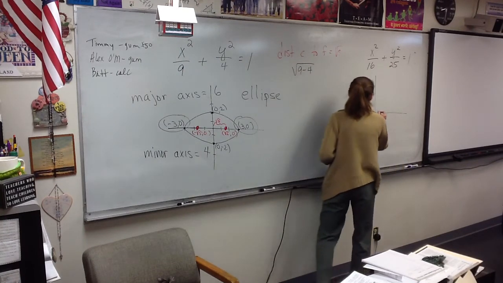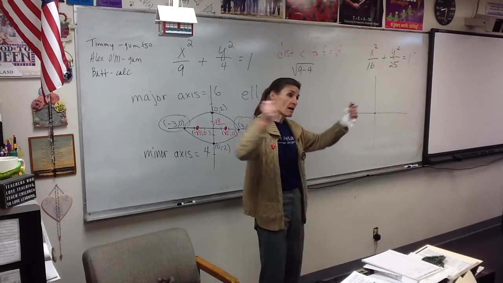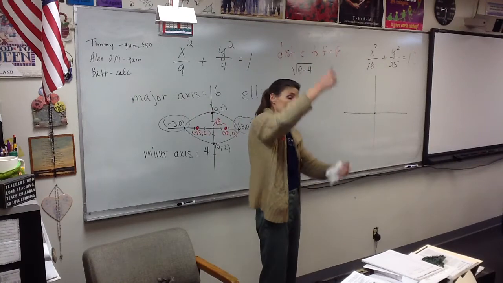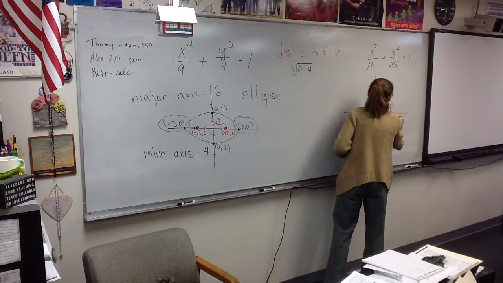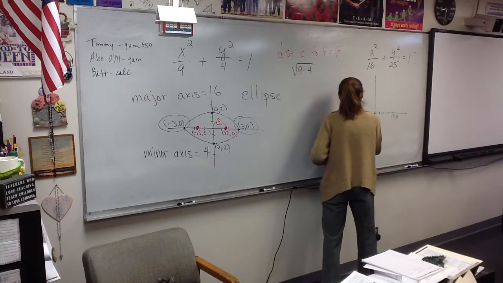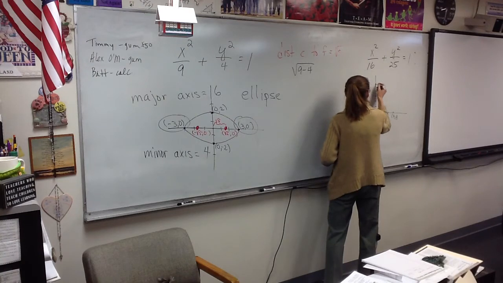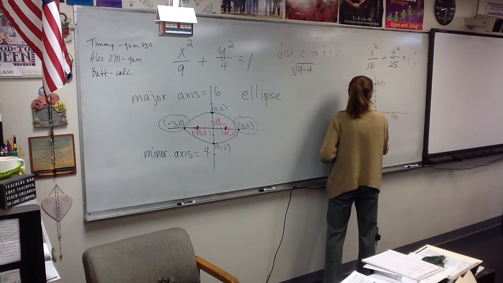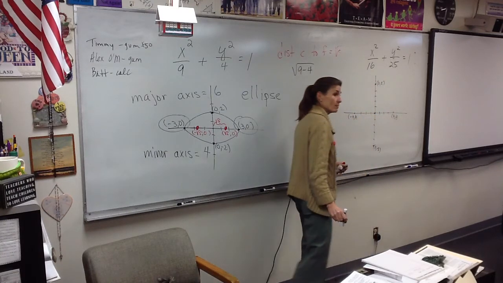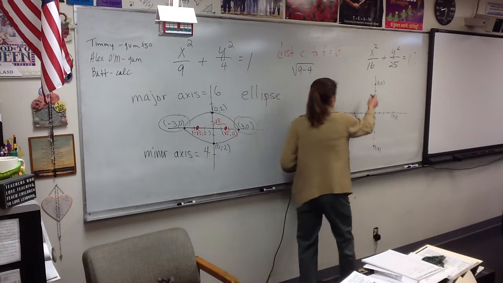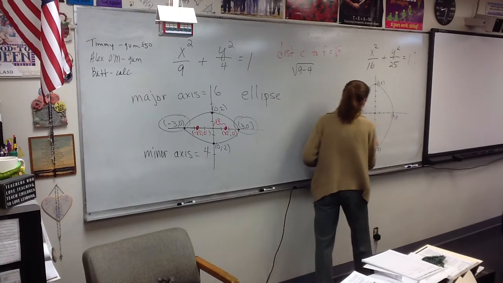Your origin. Your vertices, now that's how far out you go, how far up and down you go. In the X direction, we're going 4. And in the Y direction, we're going 5. That means it's a vertical. Everybody okay with that?